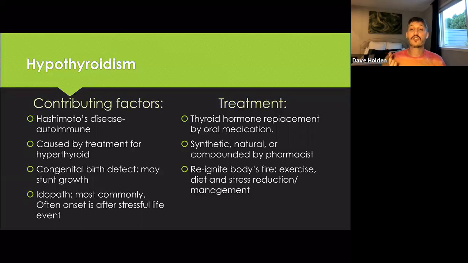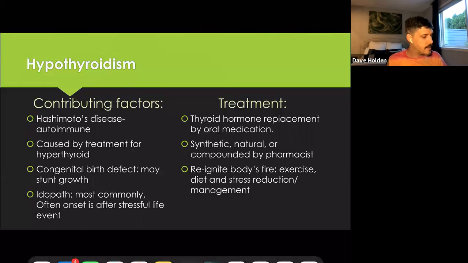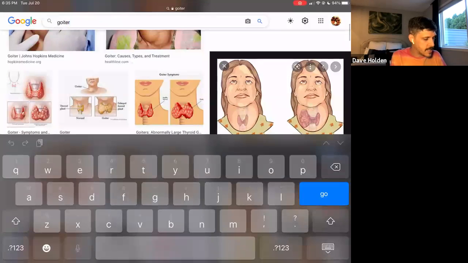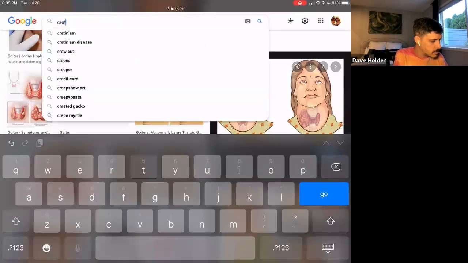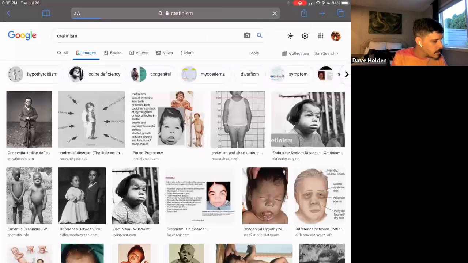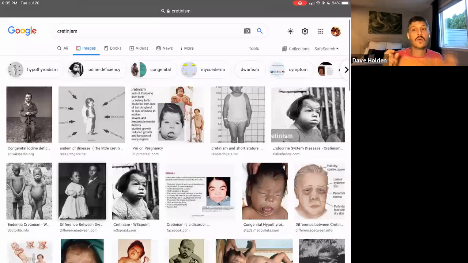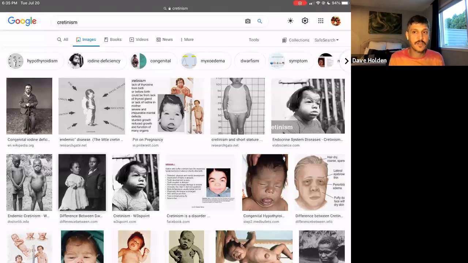This could also be a congenital birth defect. So you could be born with congenital hypothyroidism. This would lead to an interesting condition called cretinism, where people were born and they would stay super, super tiny. So this is also where the insult cretin comes from, because these are cretins who are afflicted with cretinism, but the medical name wasn't meant as an insult. It was just a descriptor of a condition.